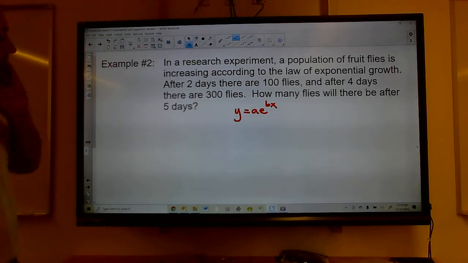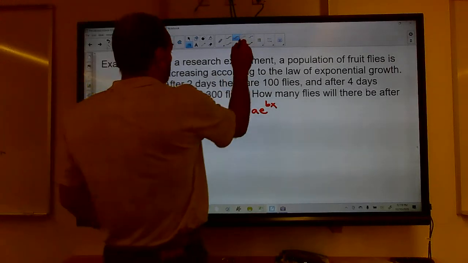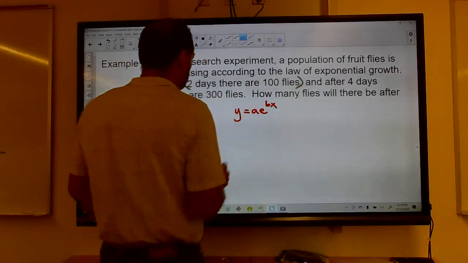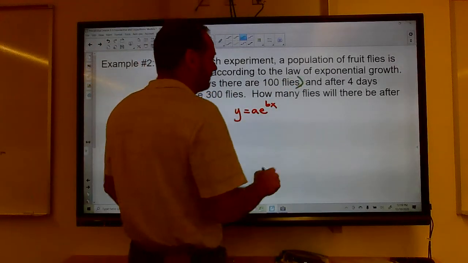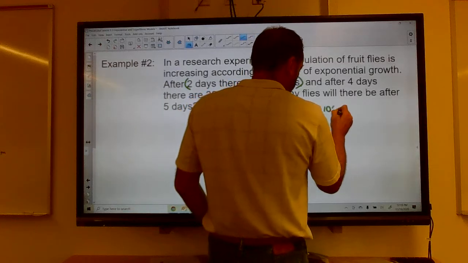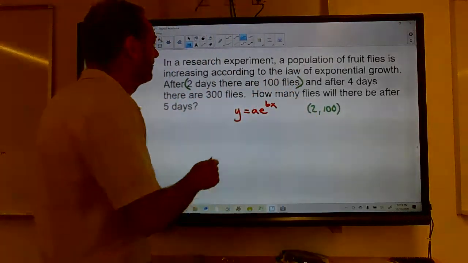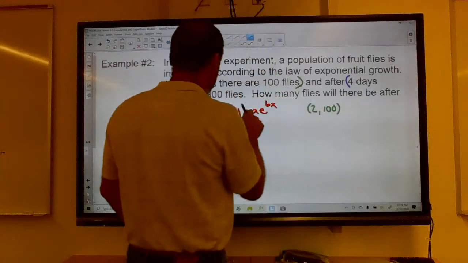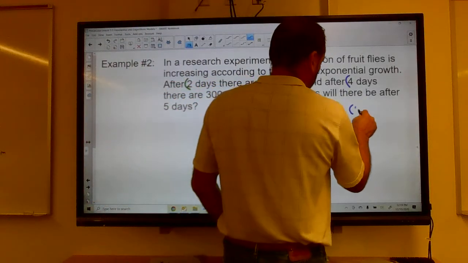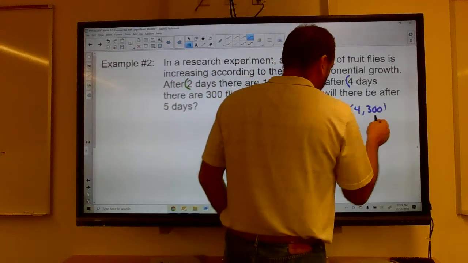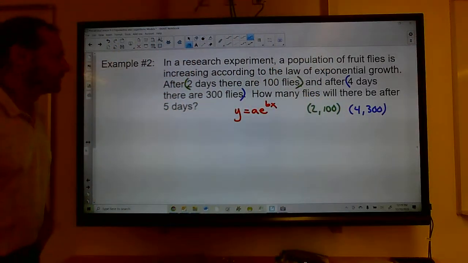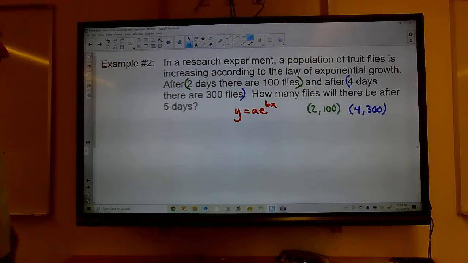Well, we got a couple of points. We've got one point here that in 2 days I have 100 flies. So 2, 100. I've got another point right here for 4 days and 300 flies. And I got to figure out how many I'm going to have after 5 days. So the first thing I'm going to have to do is figure out what these variables are going to be. Okay.